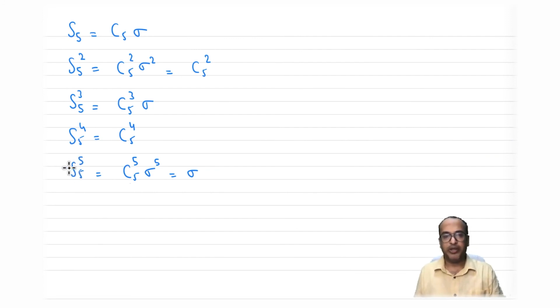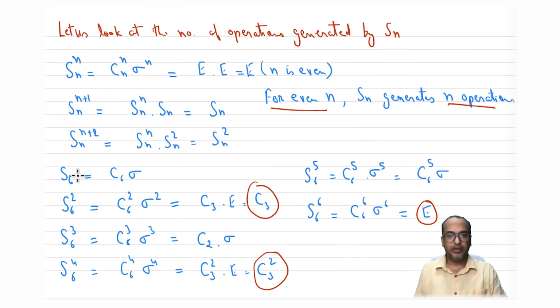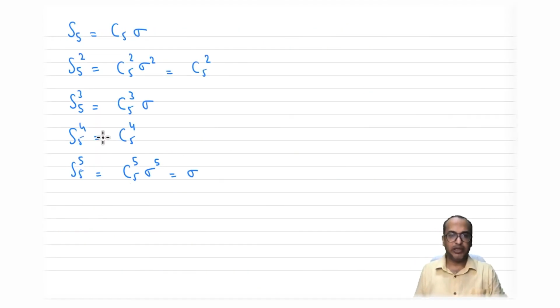So now we should see whether we start to get this operation back or we are getting some different operation. What I mean is, in case of Sn plus 1, when we tested here, we were getting Sn back, right? In case of n plus 2, we were getting Sn2 back. So let's see what happens here. S5 to the power 6, do we get Sn back or not?